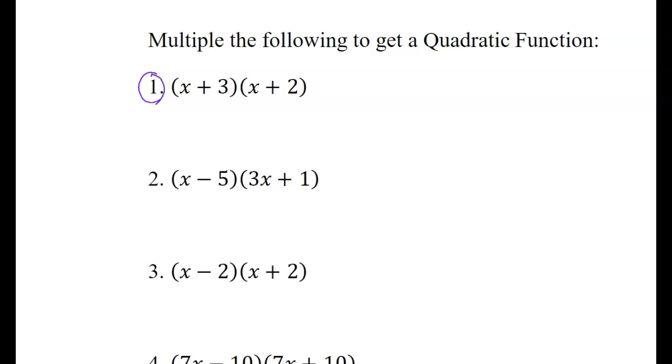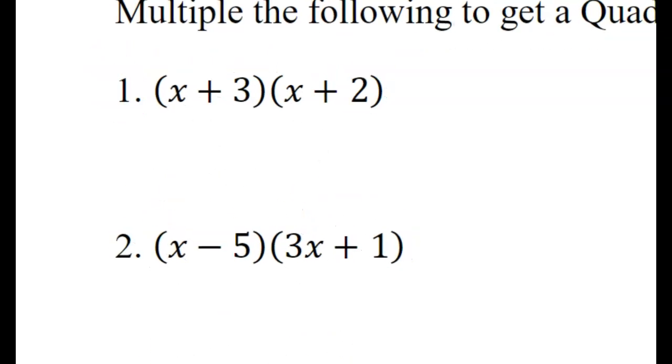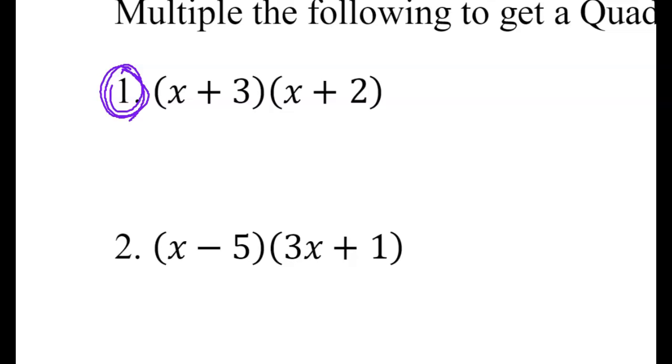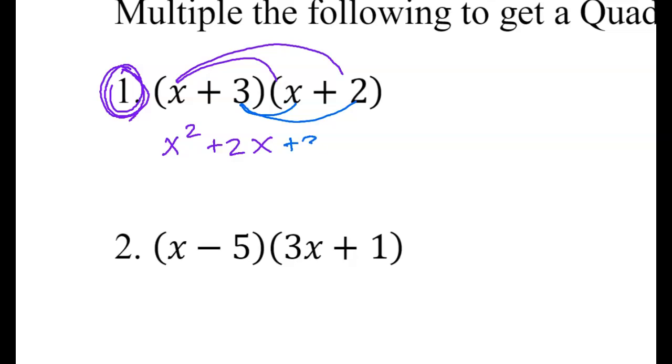So here we need to distribute the x in the first binomial to everything in the second binomial. And then we also need to distribute the 3 in the first binomial to everything in the second. We're double distributing. So here we have x times x, x squared, x times 2, 3 times x, and 3 times 2.